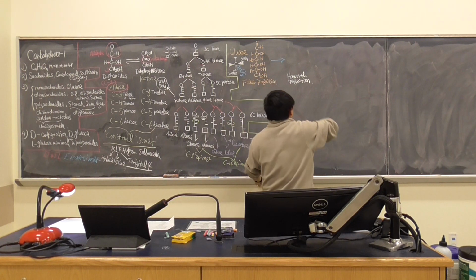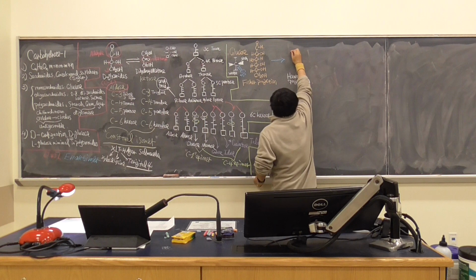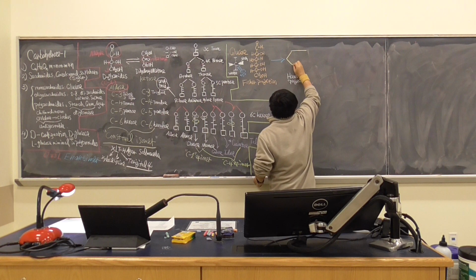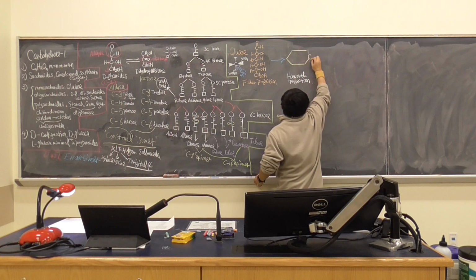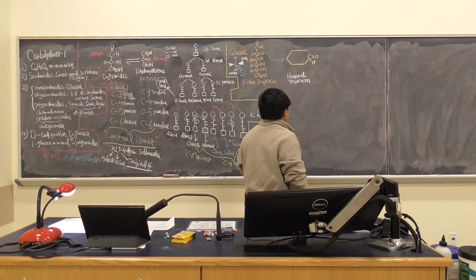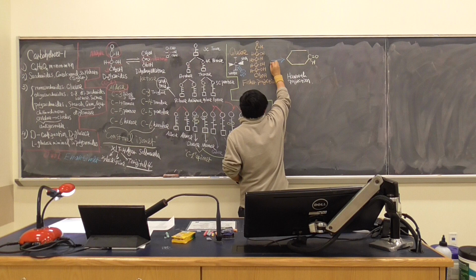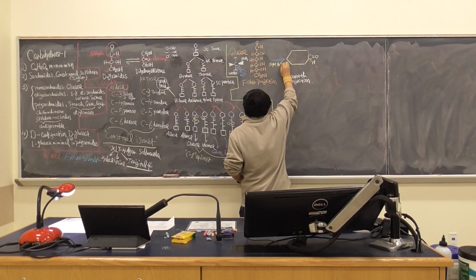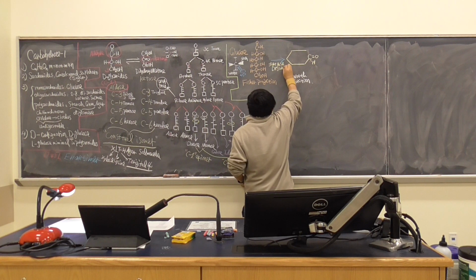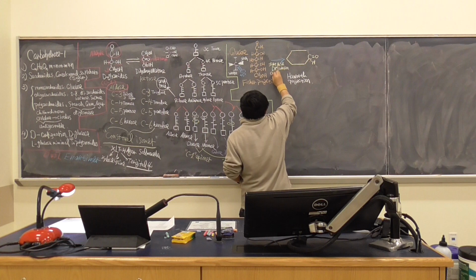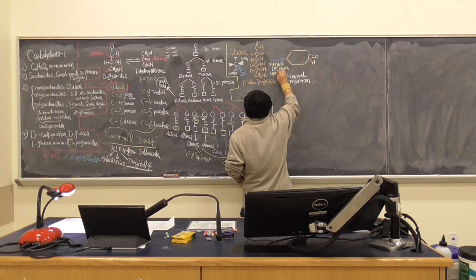So what does the Haworth projection look like? Originally, it looks like this. See, this is the aldehyde group. And how did they find it? They did this in a slightly acidic solution, using a crystal sugar.